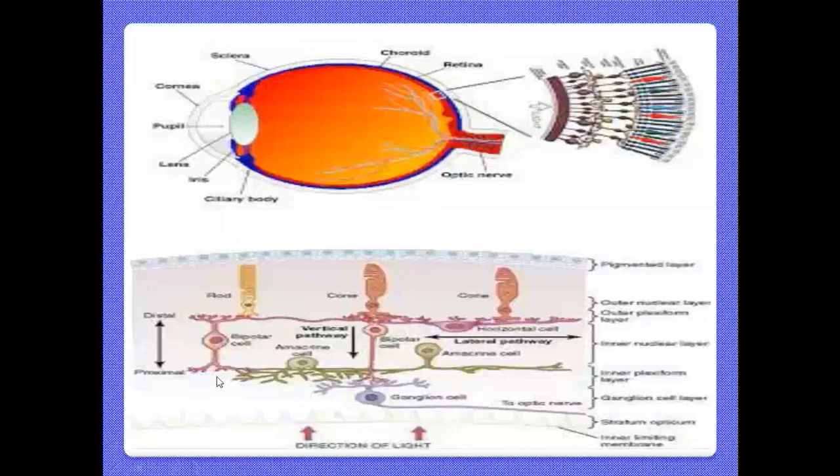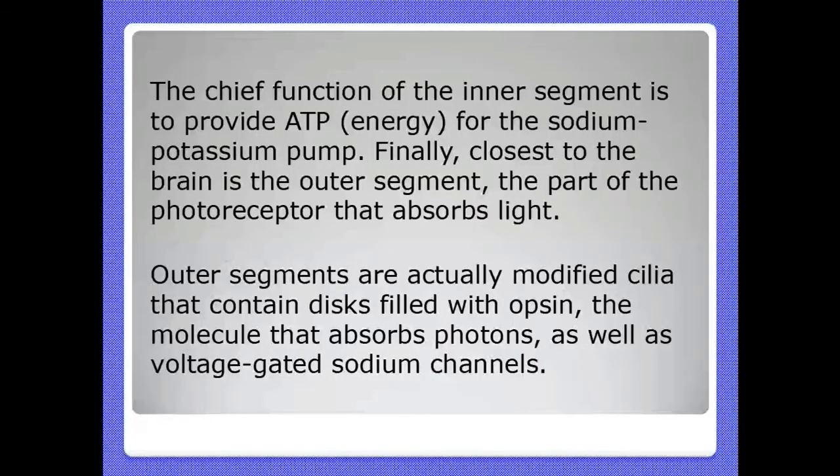So the chief function of the inner segment of both rod and cone is very, very important. They provide ATP, because only in the inner segment is mitochondria there. Mitochondria is the powerhouse of the cell, which provides ATP, that is energy for the sodium potassium pump. So finally, closest to the brain is the outer segment.